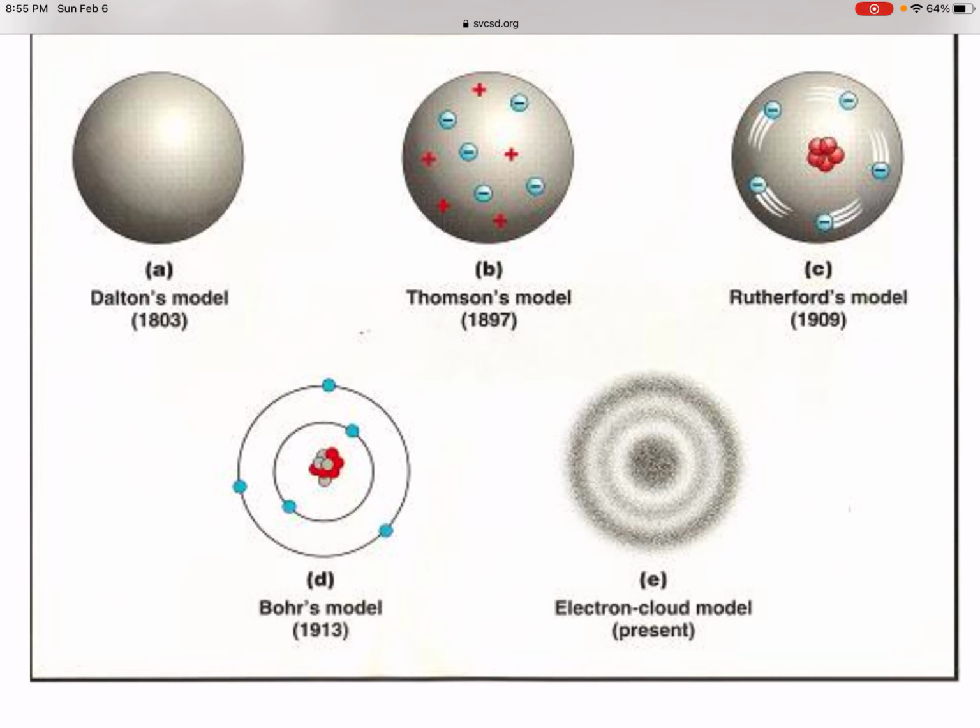Let me read to you something about this. The wave mechanical model. This modern model of the atom pictures the atom as having a dense, positively charged nucleus, as proposed in the planetary model, which is the Bohr model.